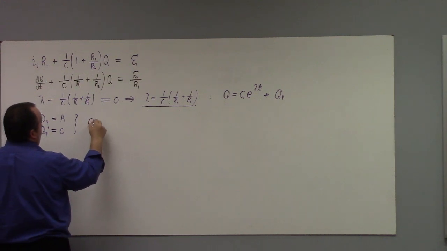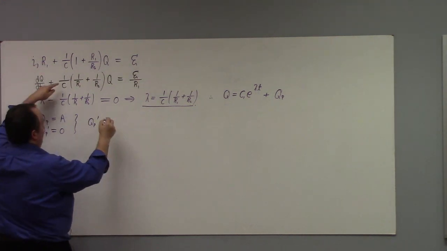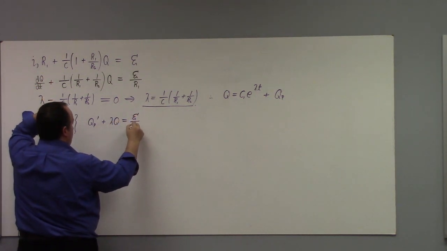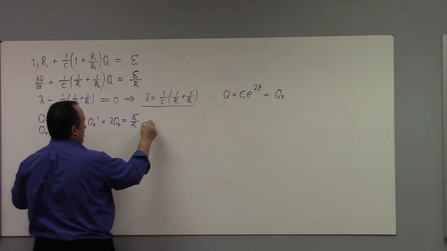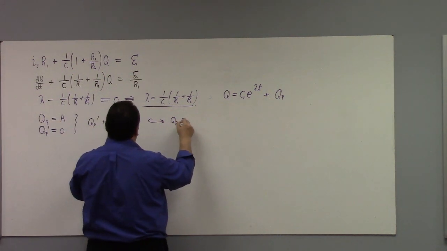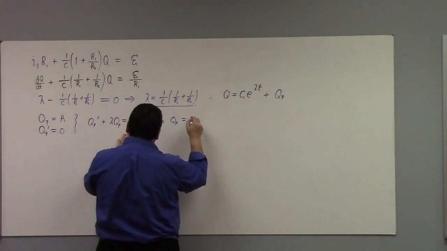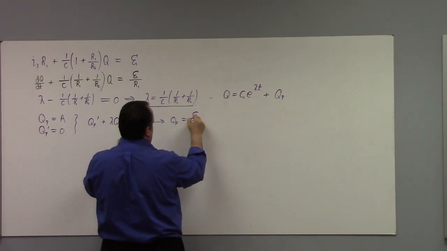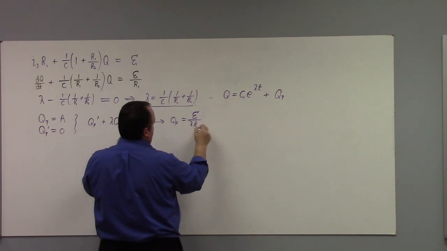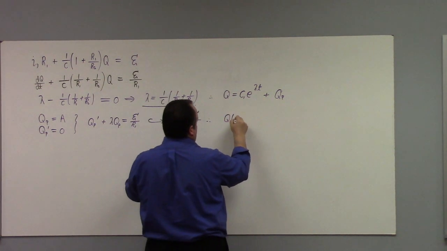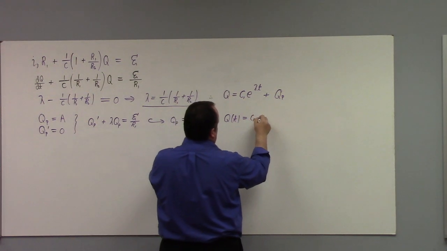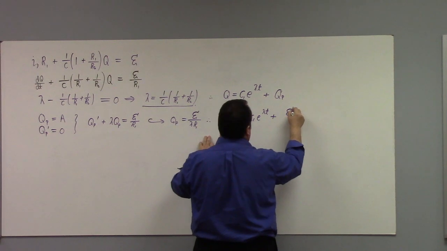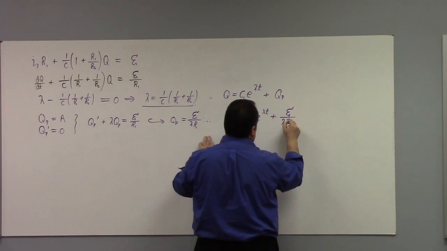I get QP prime plus lambda times Q is equal to E over R1, which tells me that my QP is equal to E over lambda R1. So therefore, Q of t is equal to C1 e to the lambda t plus E over lambda R1.